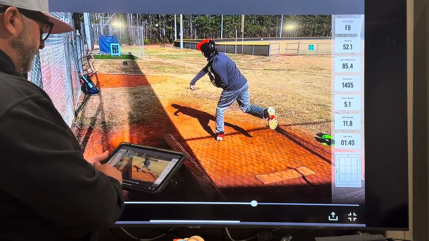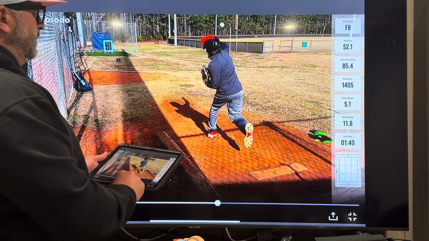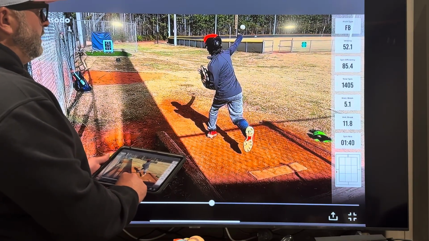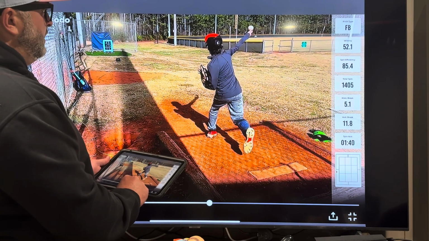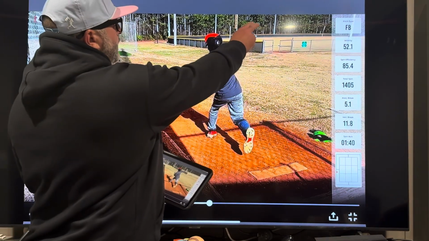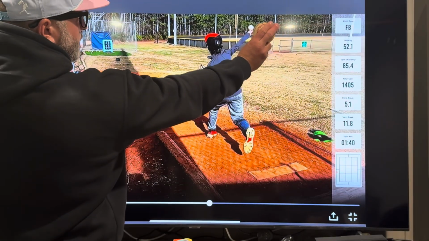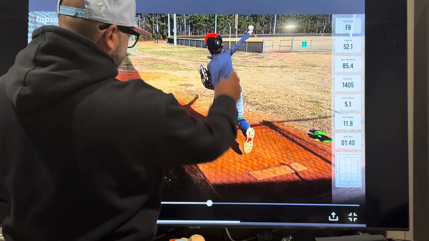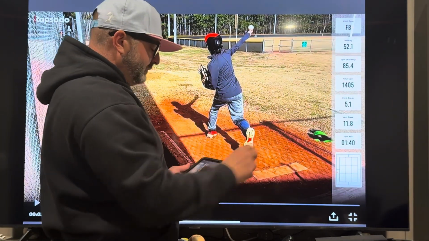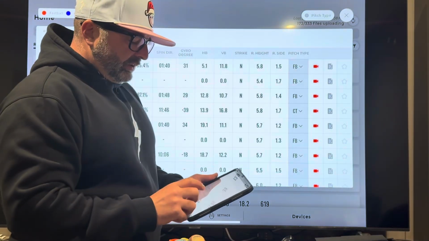Let's pause it. Let me rewind it. We were working a lot with your release points yesterday, but you could see right there how you were behind the ball. So you're here with it, and your fingers are staying behind it. Actually, you got slightly under it, which was going to cause it to go up, but you're still fairly good behind it.